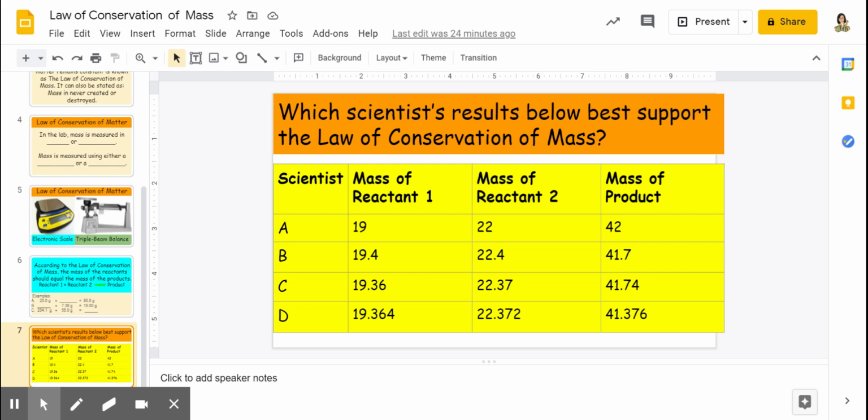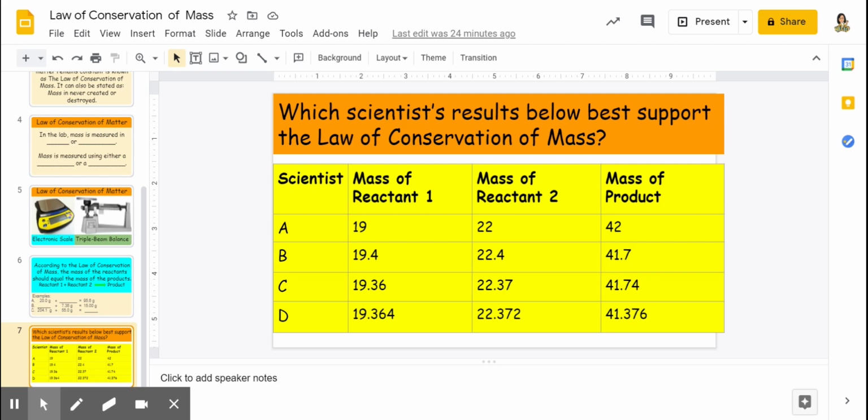Why? Because if you add 19.364 grams plus 22.372, the answer is 41.736. Typo error, guys. It should have been 41.376.